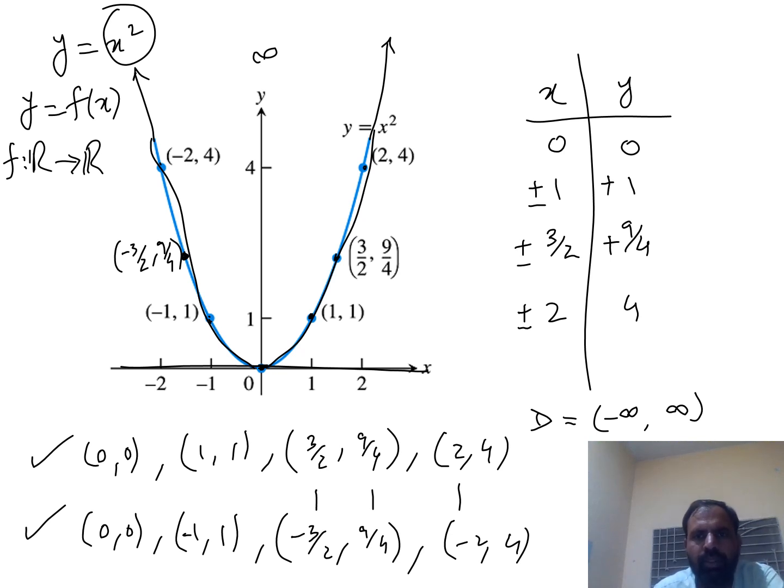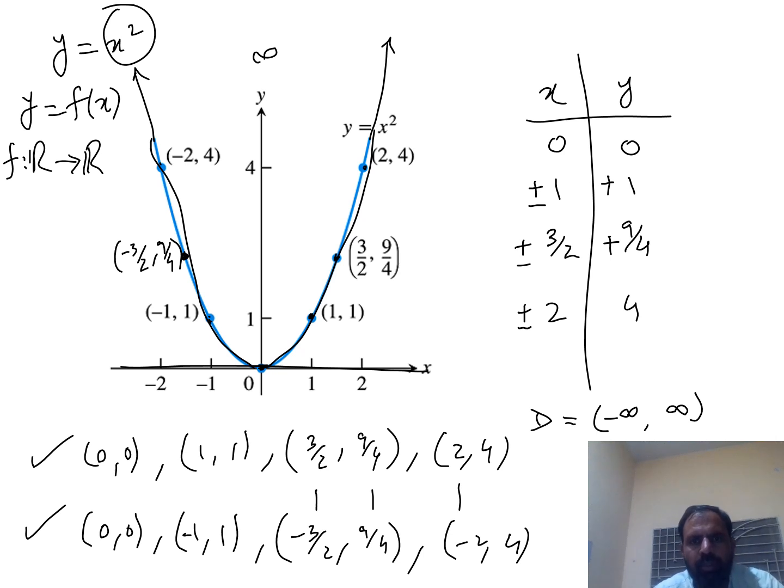This is another diagram, y equals x squared, the graph of the quadratic function. The quadratic function always has positive values. These are the values for the domain and these are the values for the range.